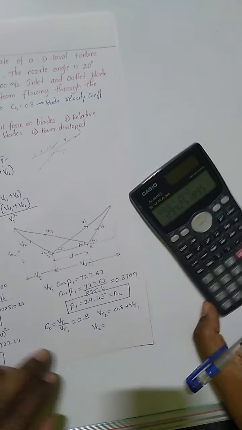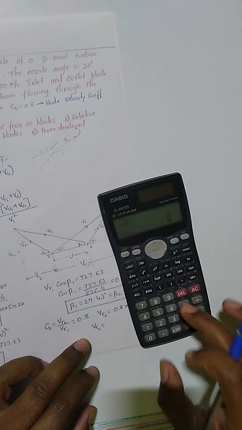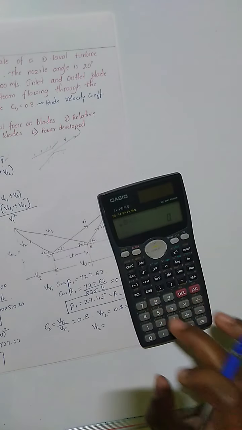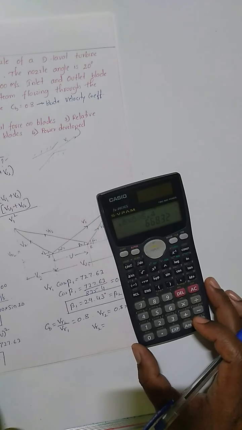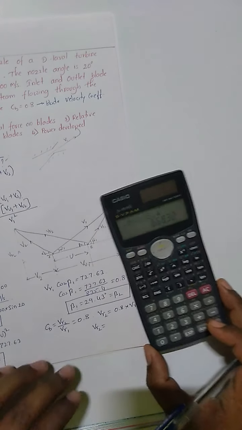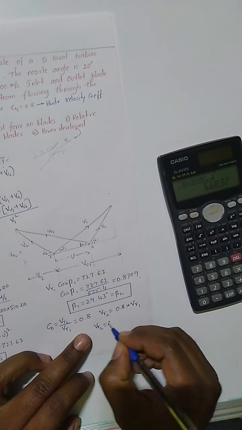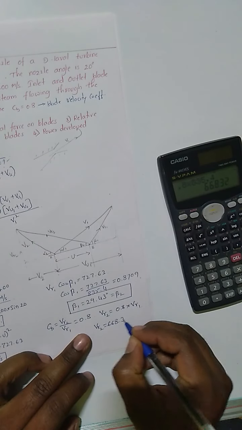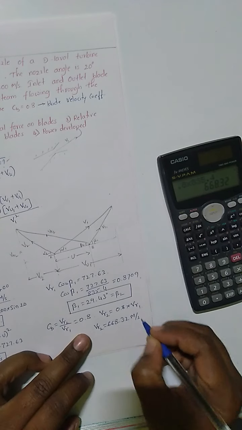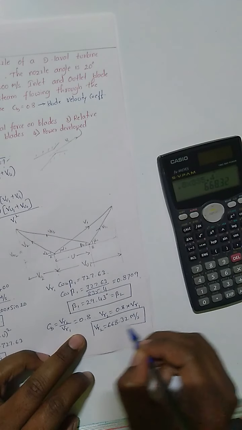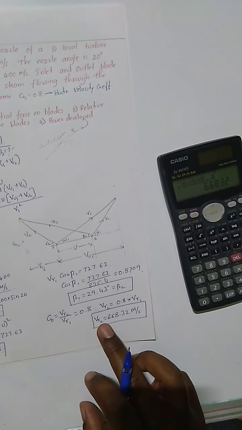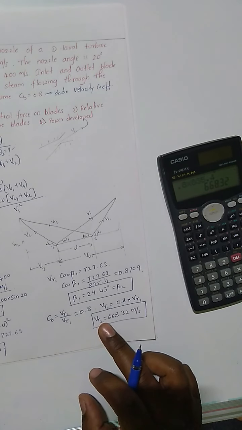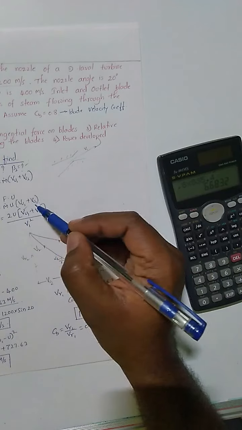So VR2 is how much? 0.8 into 835.4 is 668.32 meters per second. So we have found VR2, and we have found VU1.